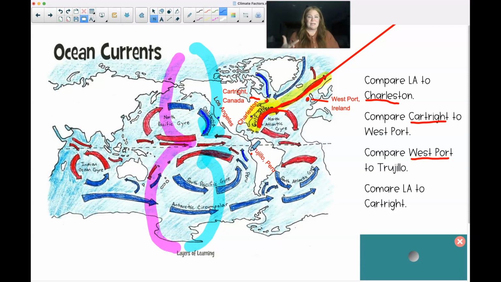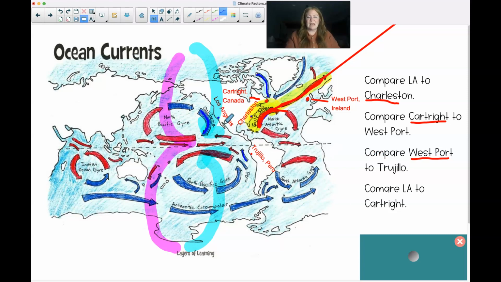And at this place, it's still going to be much warmer just because of its proximity to the equator than Westport, Ireland. So it's a little bit colder, but it's still going to be much warmer because it's close to the equator. It's starting to warm back up, right? And it's warming up and then it's already warm again here. So even though this is blue, it's starting to be red again.